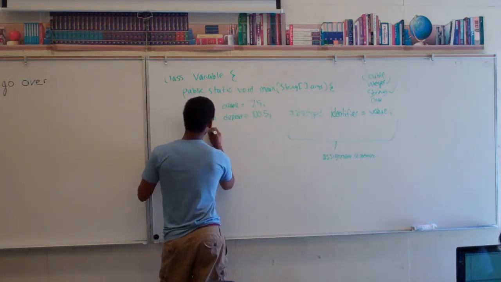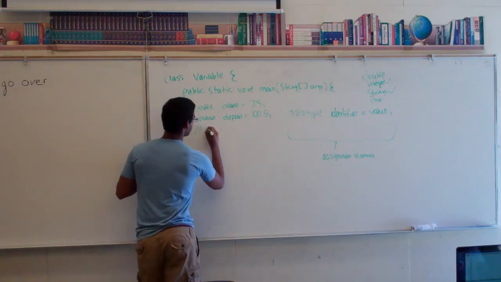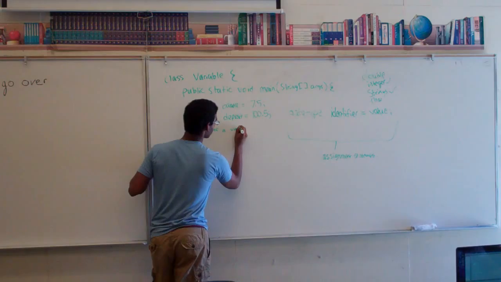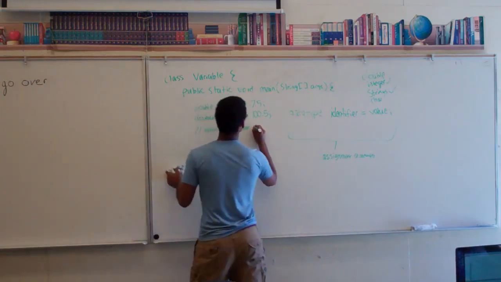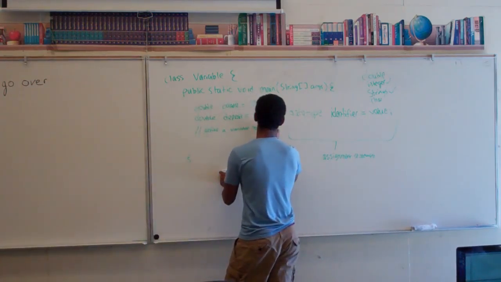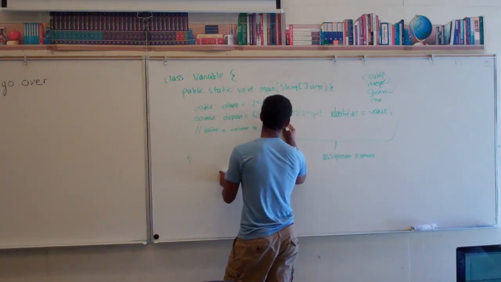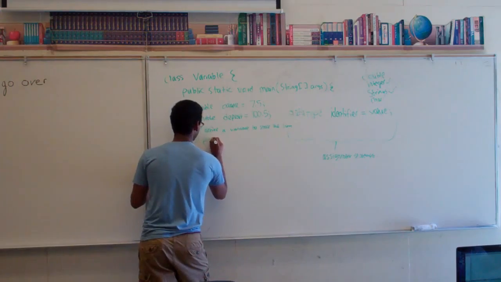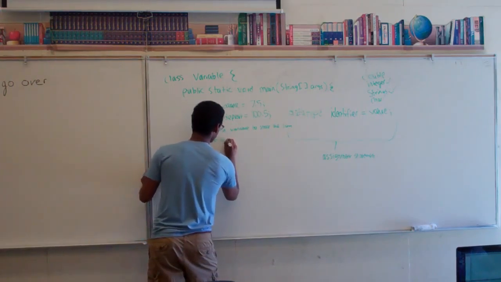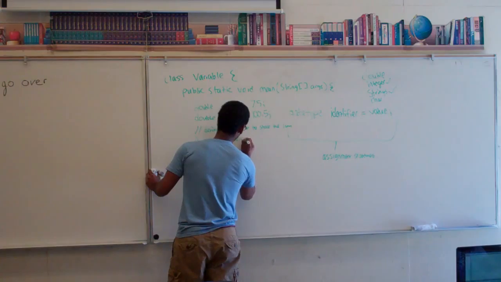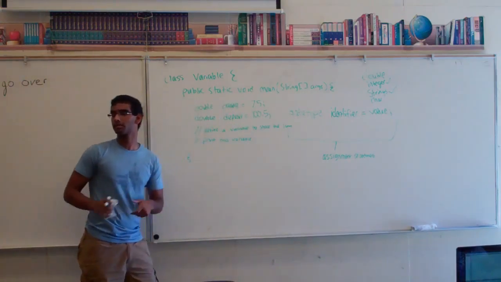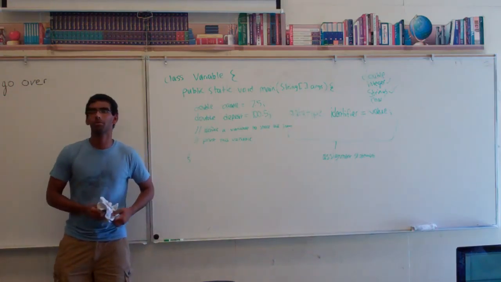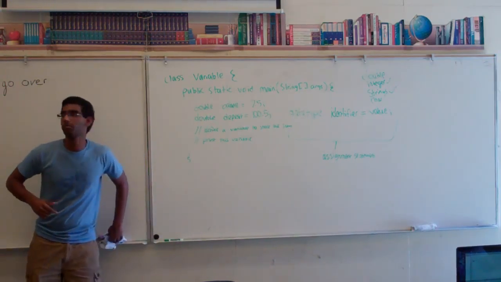I want you to define a variable to store the sum, and then print this variable. Probably in the next 5 minutes. If anyone needs help, ask one of us, and I'll be coming around to check.